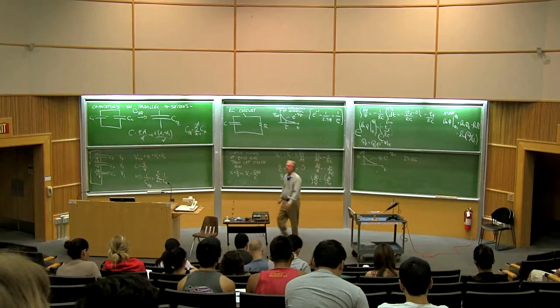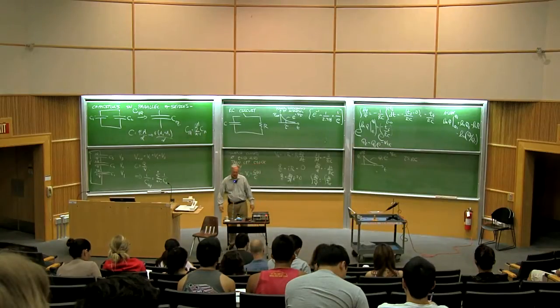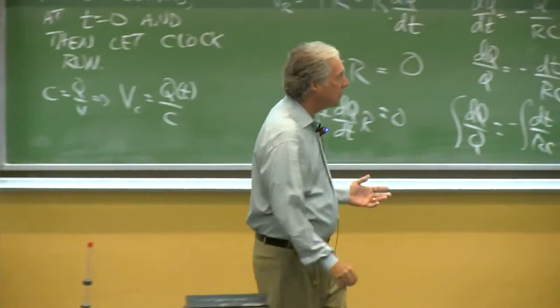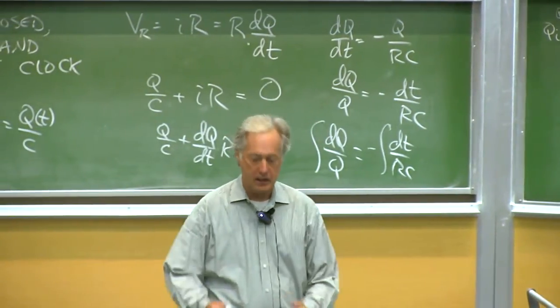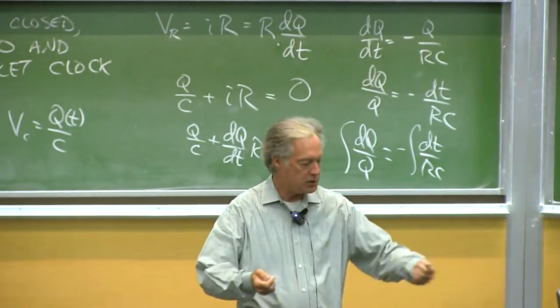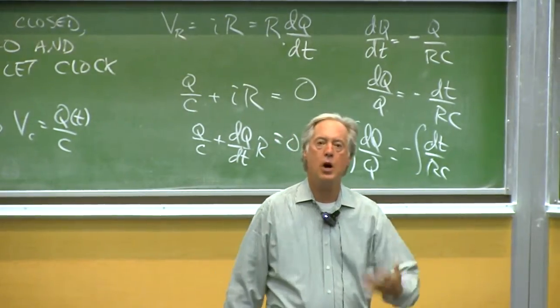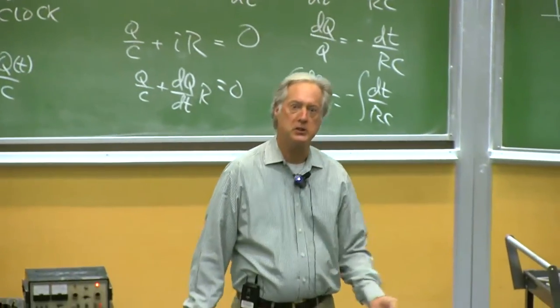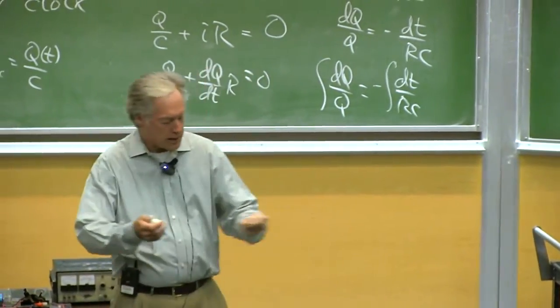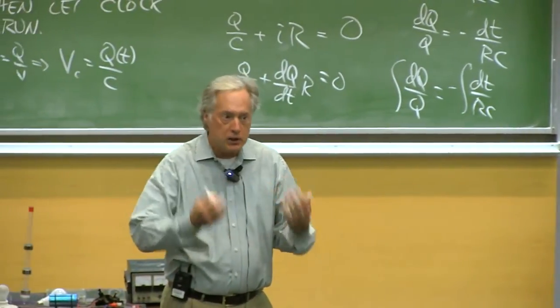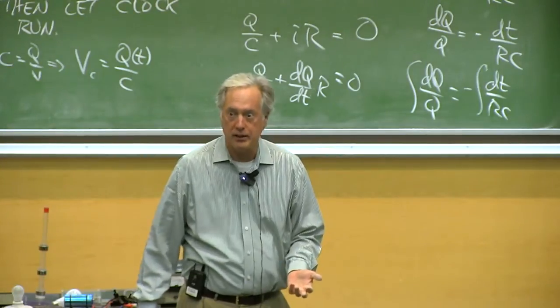Let's see if it makes sense. If we have very little resistance, very small resistance, then when the current is allowed to start flowing, there's nothing to oppose the flow very much. If there's a very small opposition to the flow, the charge can leave the capacitor rapidly.